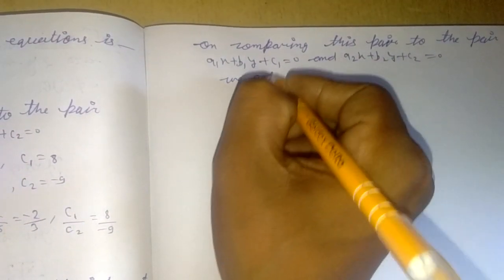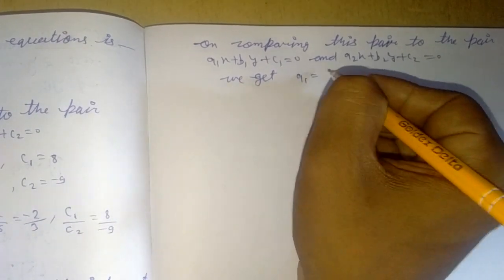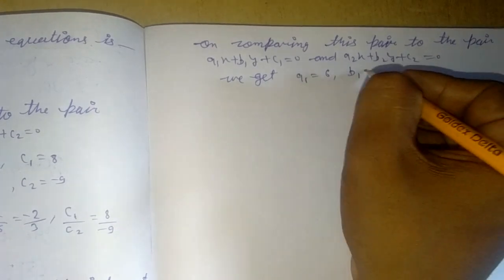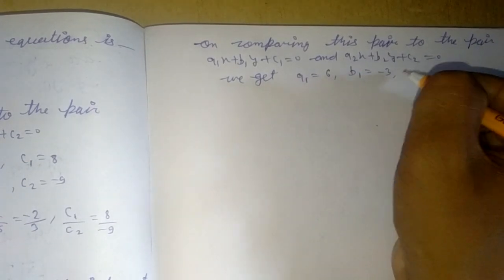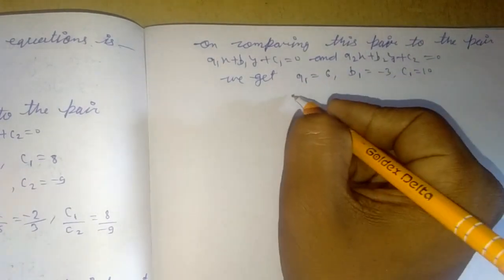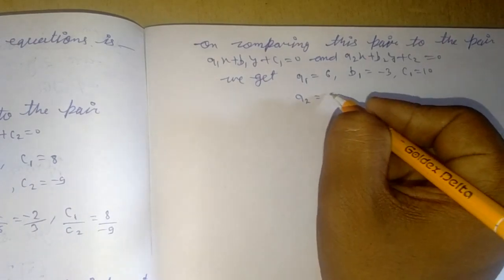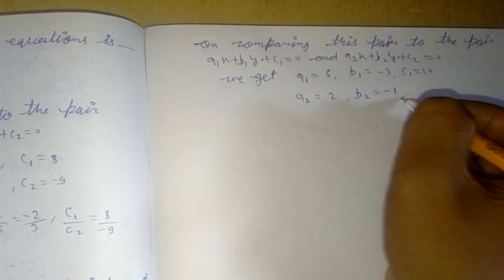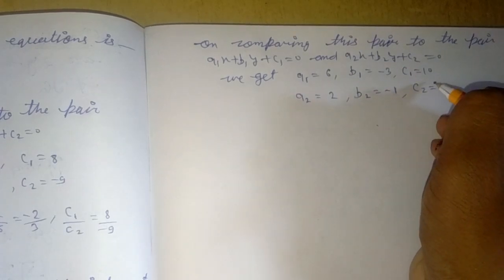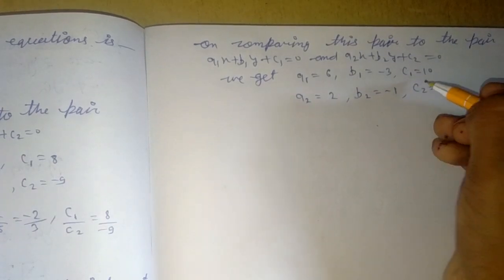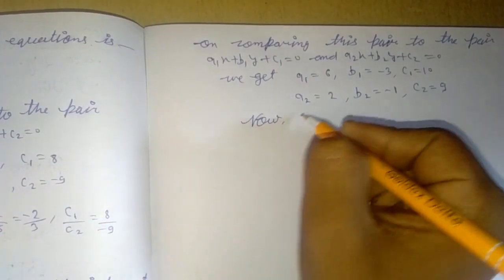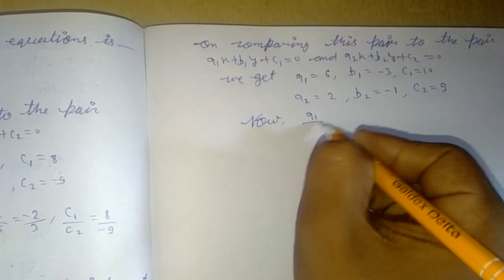We get a1 equal 6, b1 equal minus 3, c1 equal 10, a2 equals 2, b2 equal minus 1, c2 equal 9. Now we find out the ratio.